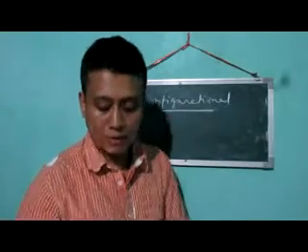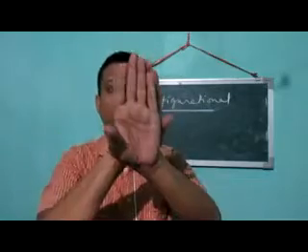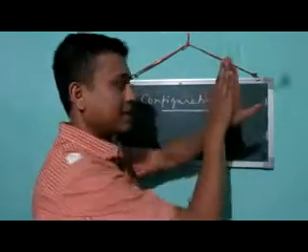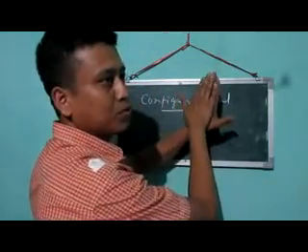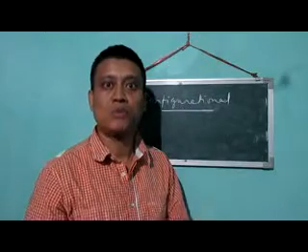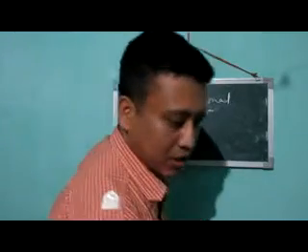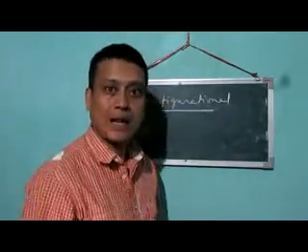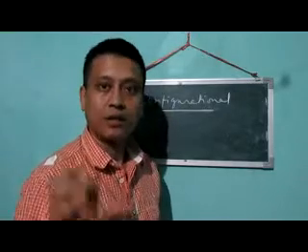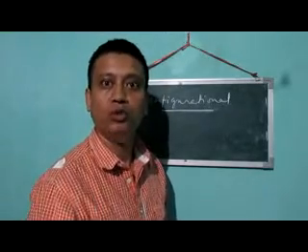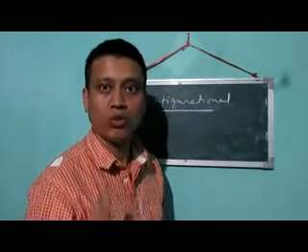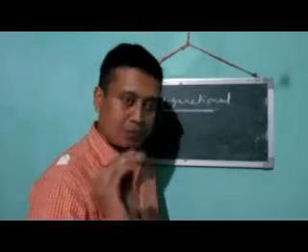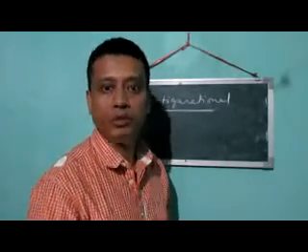But our two hands, they are not superimposable. Suppose if I put the hands like this, they are not superimposable with each other. So this is the concept of superimposability. So enantiomers are the isomers where at least one chiral carbon should be there, and the molecules should be non-superimposable, and they are mirror images of each other.